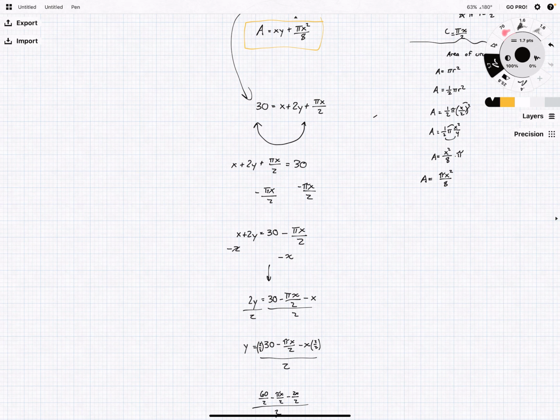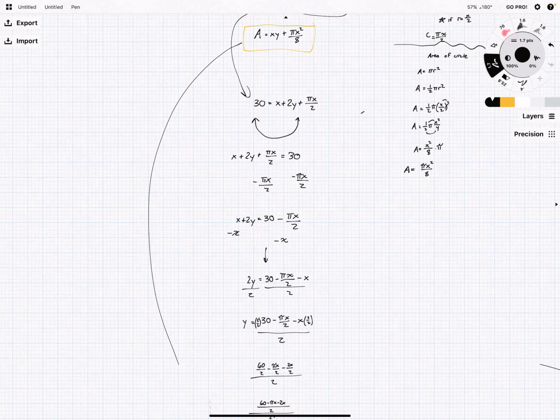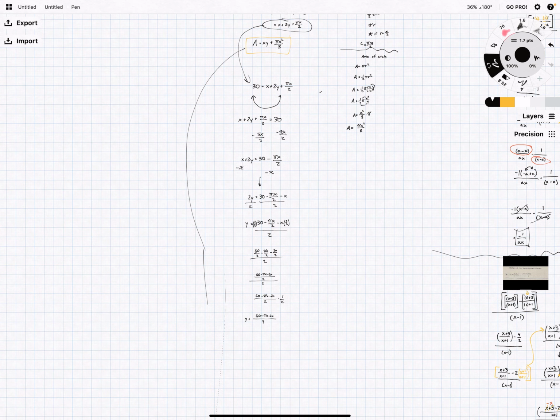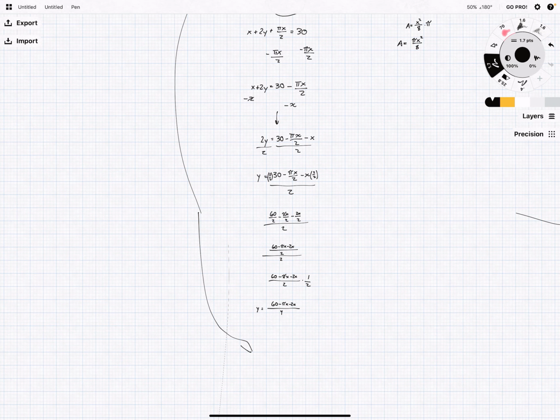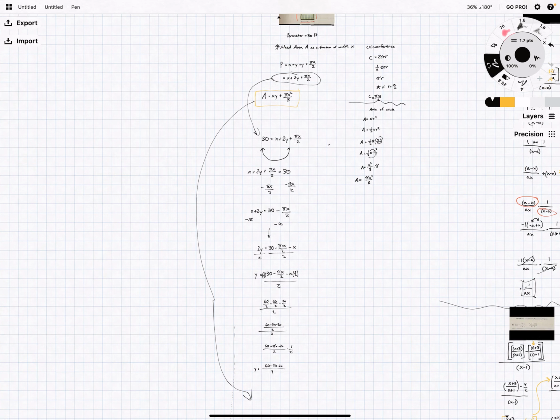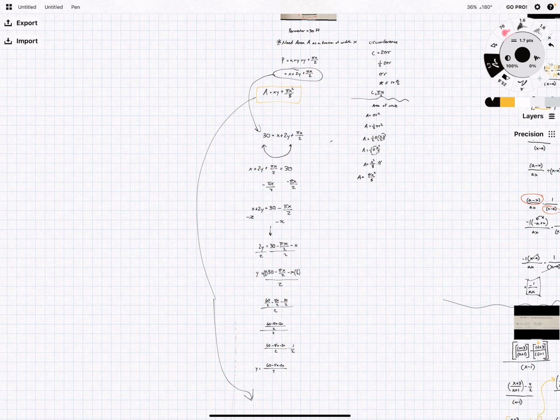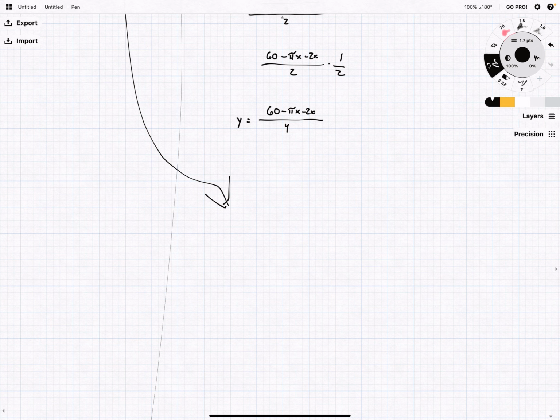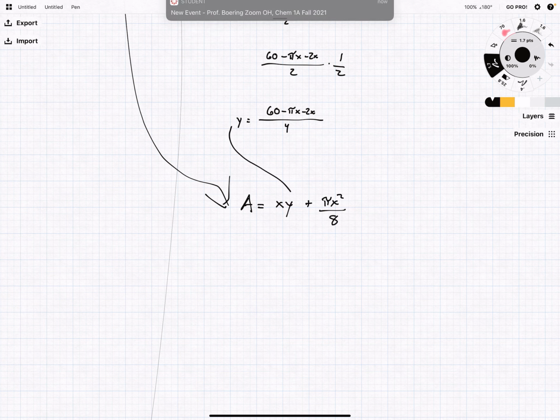We would like to substitute that into this area function here. So I'll go ahead and zoom this out. Oh, you can see all the other problems on the other side that I did. There we go. And this area function was xy plus pi x squared over 8. And now we have to substitute in y right here.